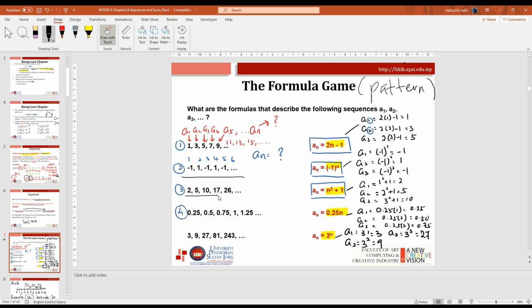Same goes to number 3: an is equal to n to the power of 2 plus 1. So 2 to the power of 2 is 4, plus 1 is 5. 3 to the power of 2 is 9, plus 1 is 10, and so on.